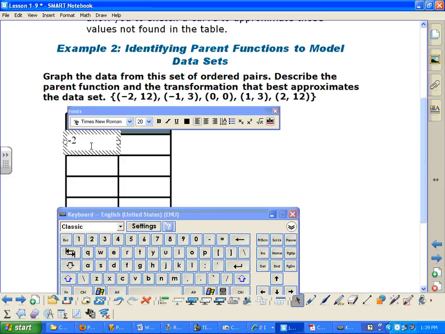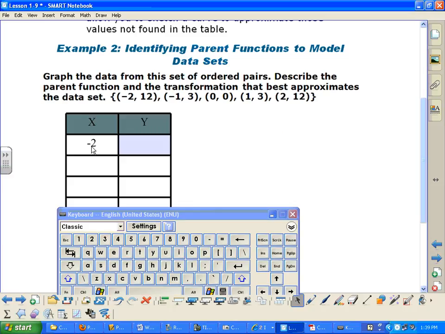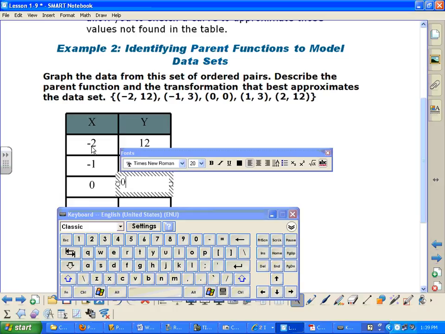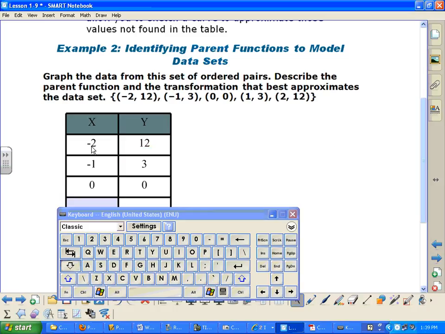All right, so I got -2 and 12. And -1, 3, and 0, 0. 1, 3, and 2, 12.